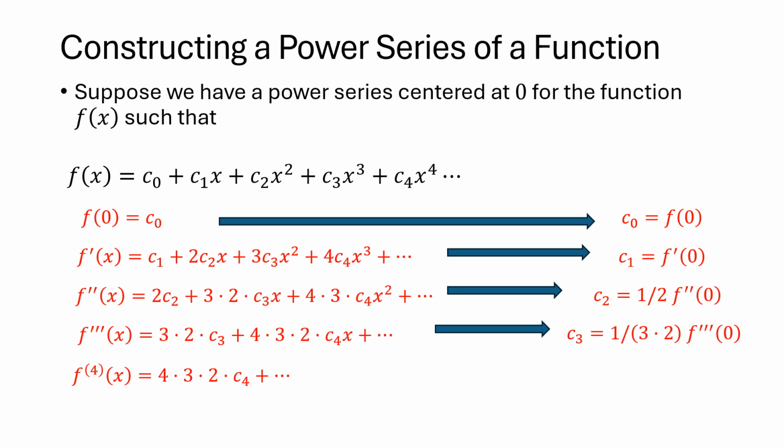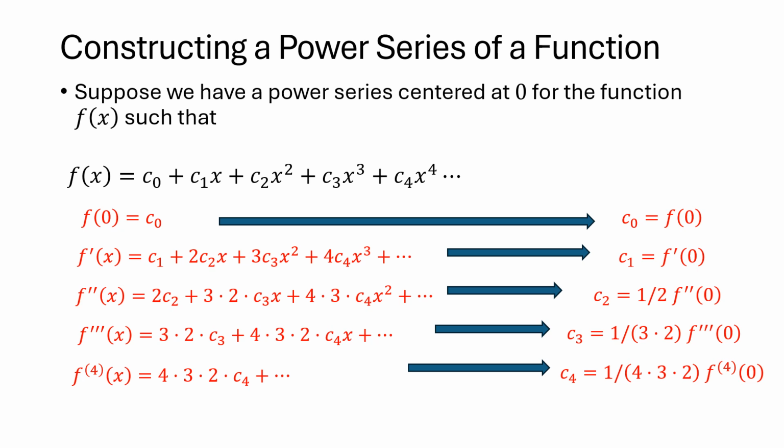It does go on further, but again, we've written enough. So again, plugging in 0 and dividing, we get c4 is equal to 1 over 4 times 3 times 2 times 1 times the fourth derivative of f at 0.